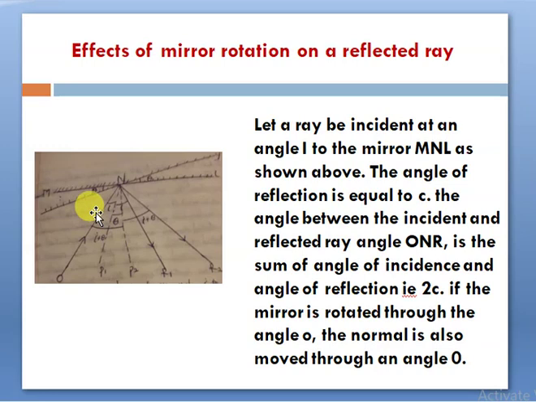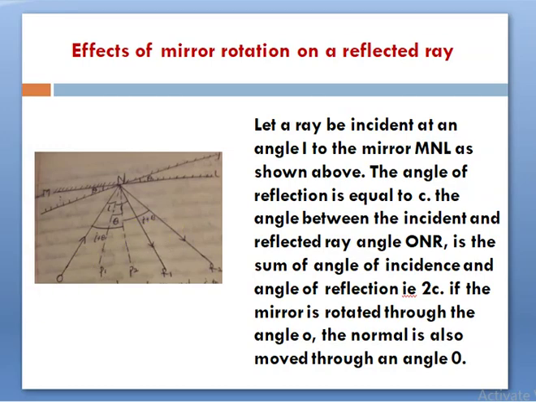Remember here, when the mirror has not been rotated, our incident ray makes I, and our reflected ray has another I. So from here to here, we have 2I. So we have 2I plus 2 theta minus 2I, for us to get the angle of rotation of the reflected ray.